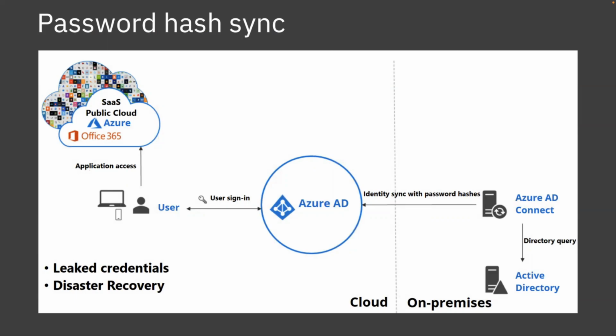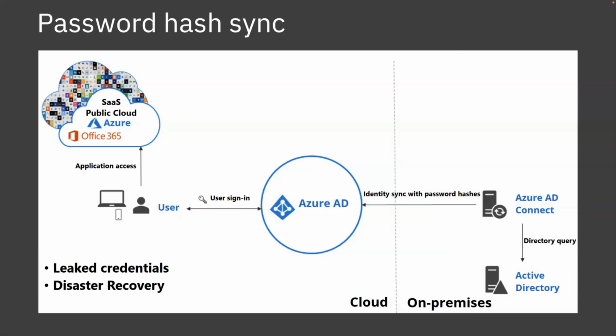So in essence, the user's password is never transmitted over the wire. So when the user authenticates, it's the cached credential, the password hash, that's compared with the password hash in the cloud. And if they're both the same, the user gets authenticated.